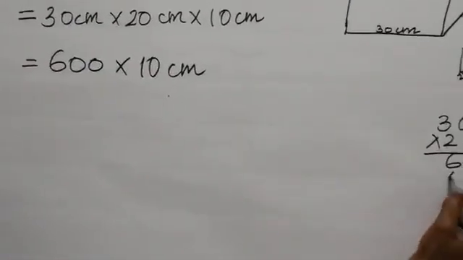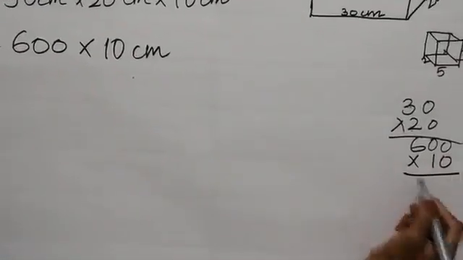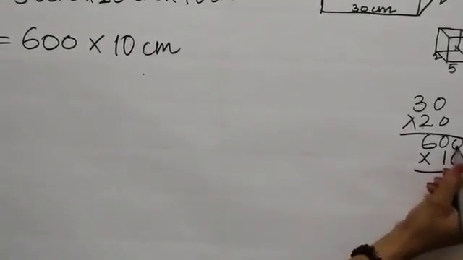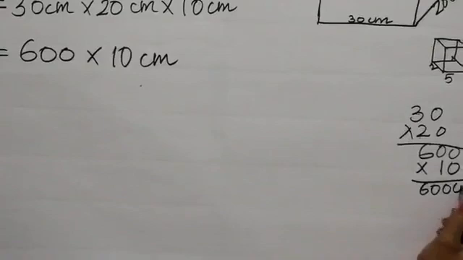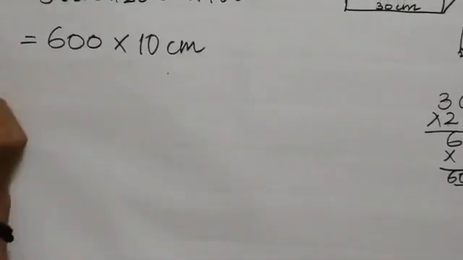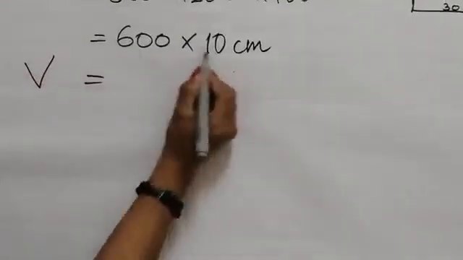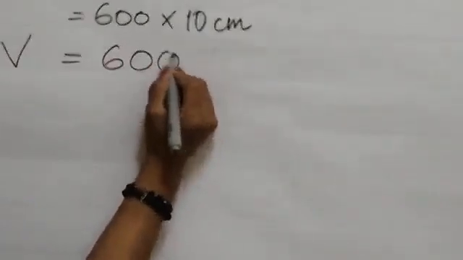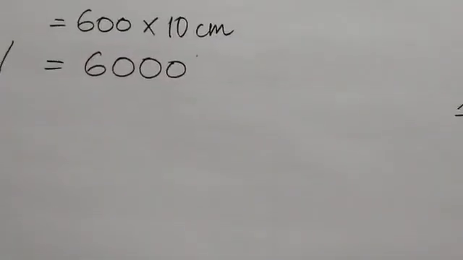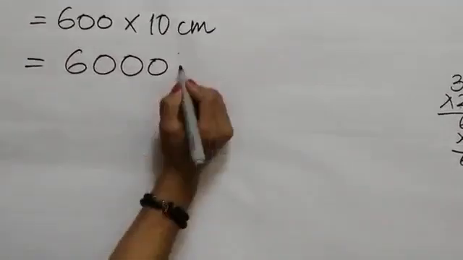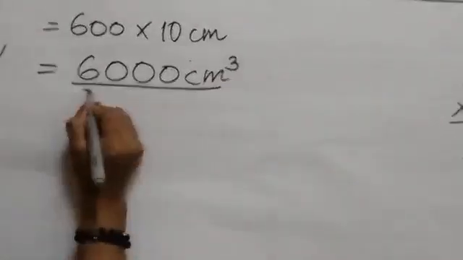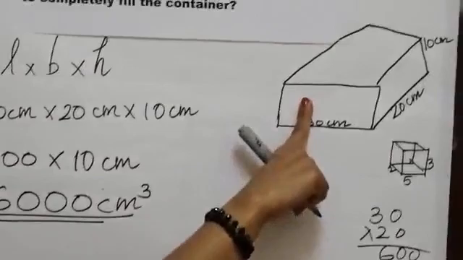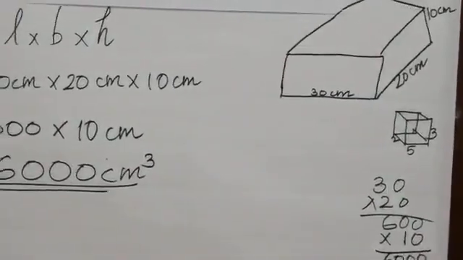That means 1 multiplied by 600 is 600, then add the 0. So volume is equal to 6000, and what is the unit given here? Centimeter, so you have to cube it. So we found the volume of this rectangular container.